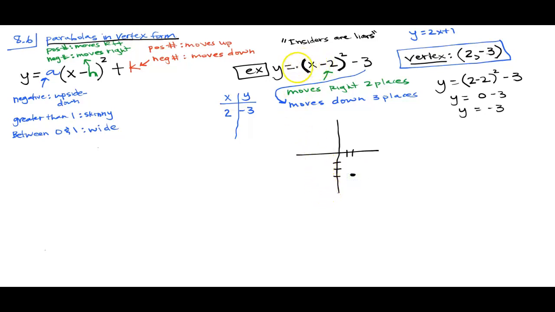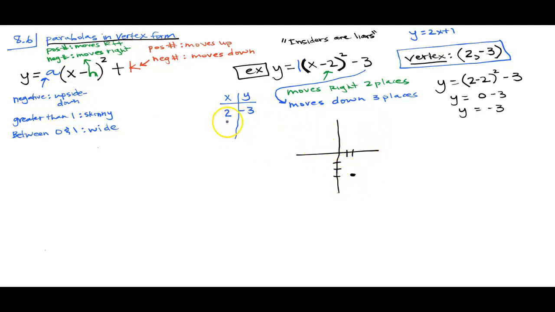The number in front isn't written there, but if there's nothing there, that A is a 1. It's positive, so we know it's going to be a right side up parabola, because when it's negative, it's upside down. When it's positive, it's right side up.